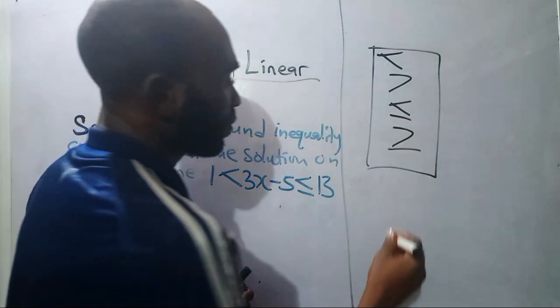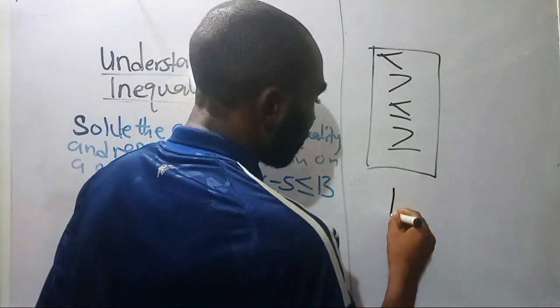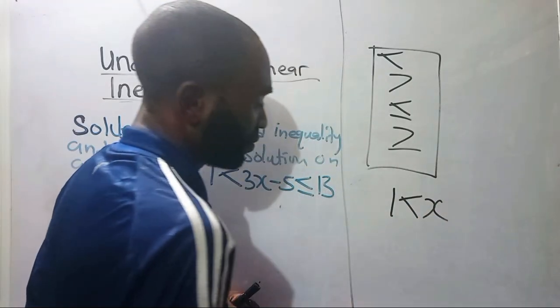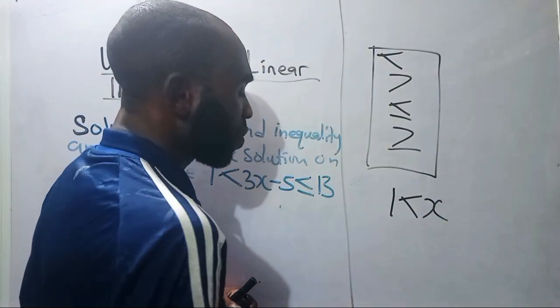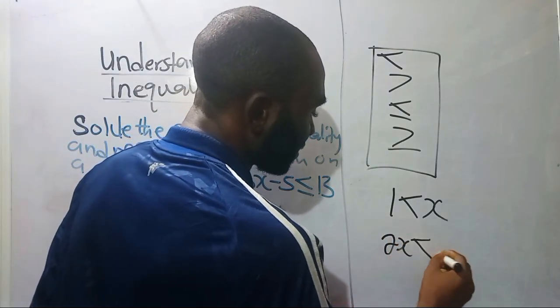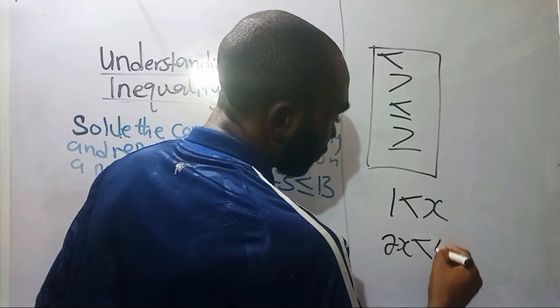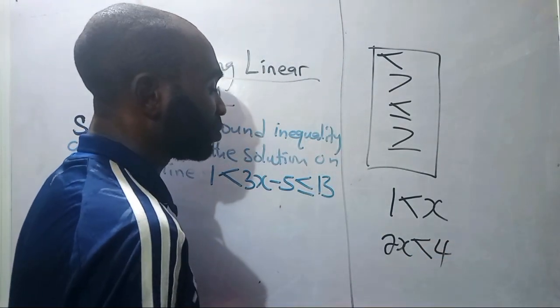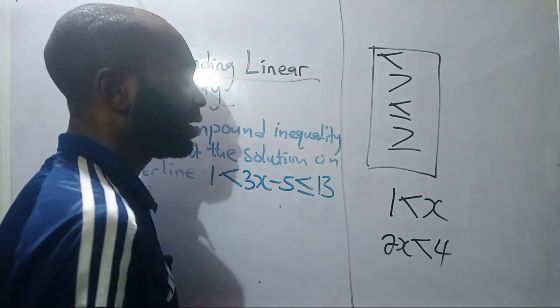For example, you can have something like 1 is less than or equal to x. Or you can have something like 2x is less than or equal to 4. So these are the sign conventions we use in linear inequality.